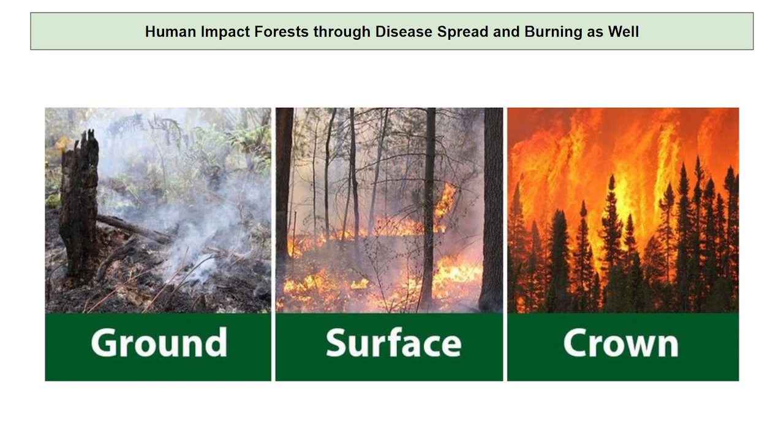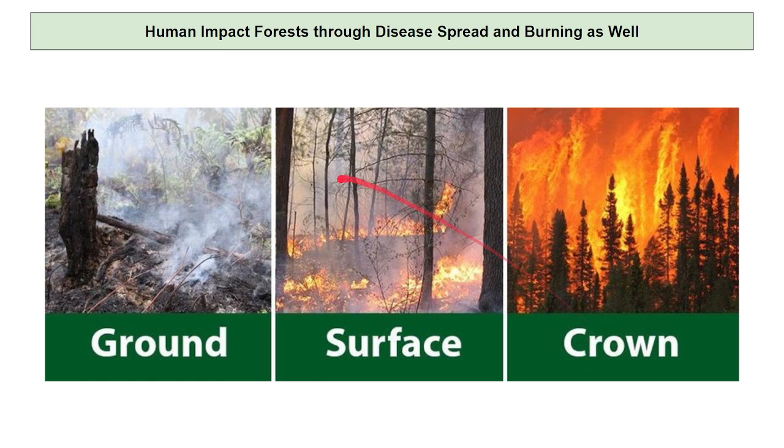Now, when we talk about fires, there are going to be three main types. You have ground fires, which is more like a smoldering, a light burning of organic material. You have surface fires, in which flames are very visible, and you're burning mostly ground level stuff: bushes, saplings, low-level trees. And then you have crown fires, in which the entire forest is on fire, top to bottom on the trees.